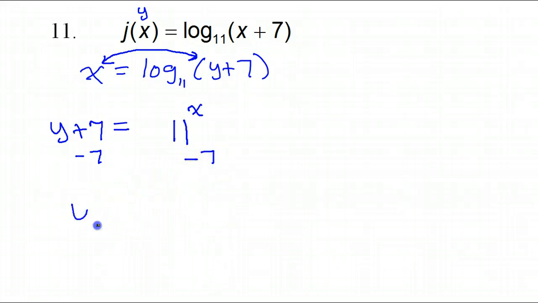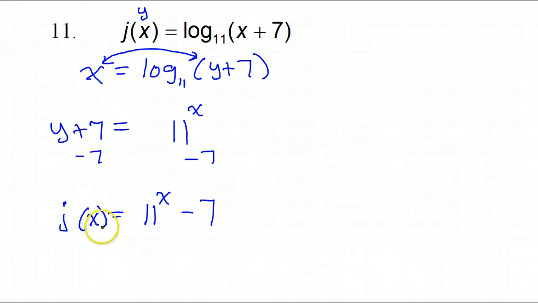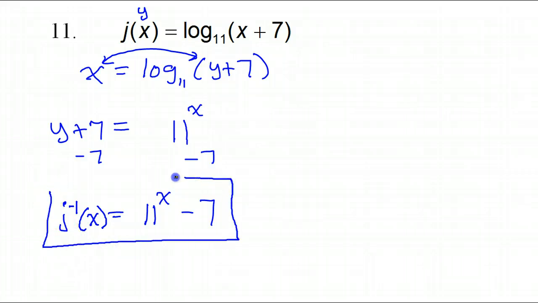So that's going to give me y equals 11 to the x power minus 7. This is basically the answer, but let's put that j back in there. So we will have j of x, and we will make it the inverse by putting the little -1 on it. That means j inverse. Okay, that's number 11.